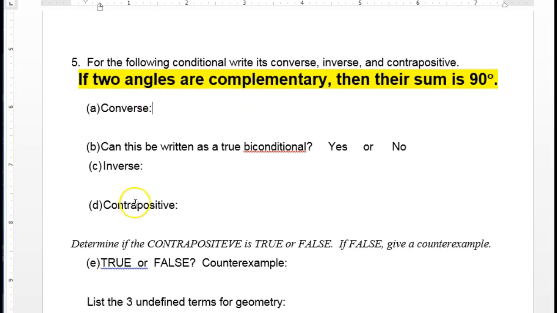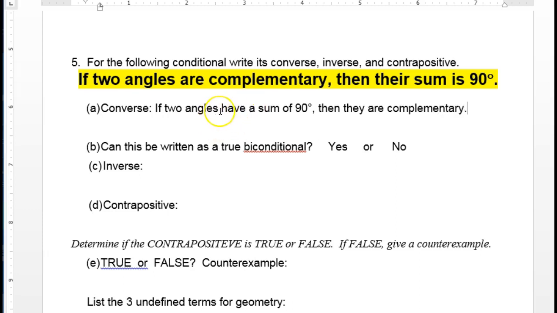So first I'm going to write the converse, inverse, and contrapositive just like we have. Converse, I just switched the order. If 2 angles have a sum that's 90 degrees, then they are complementary.